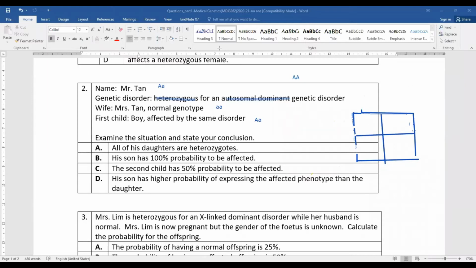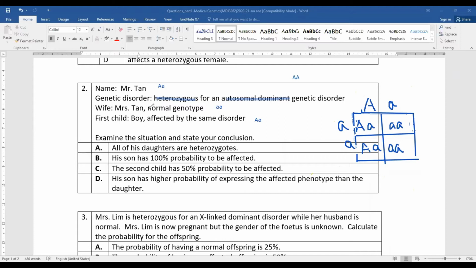Okay, so his genotype is capital A, small a. The wife is... so if you draw the Punnett square... Yes, may I know why the wife is small a small a?